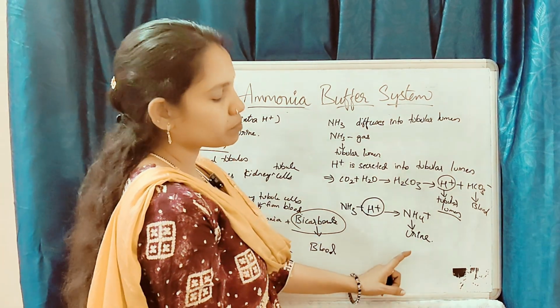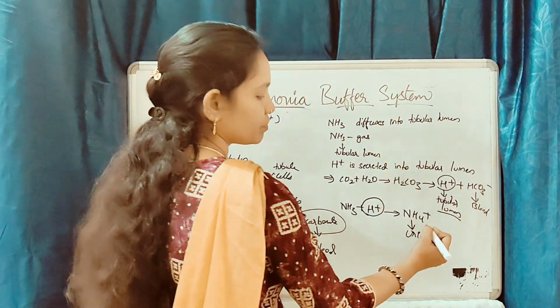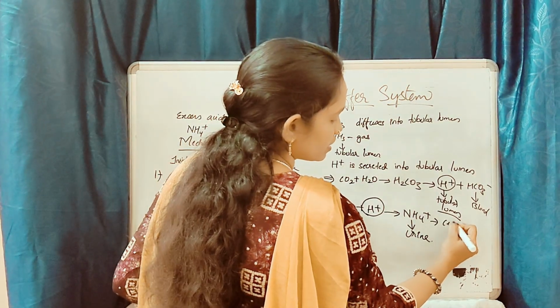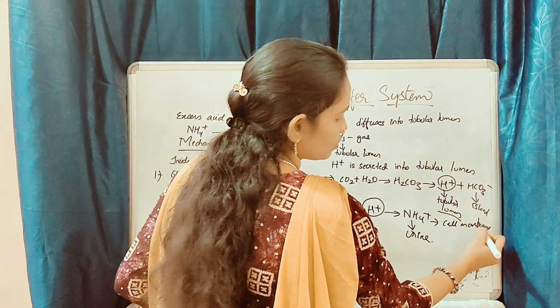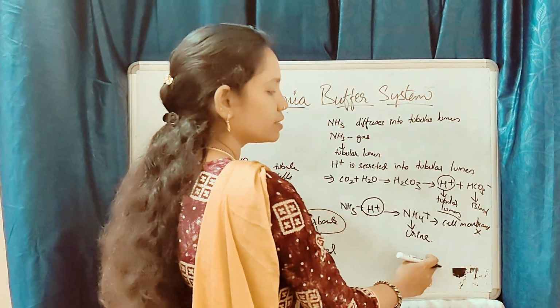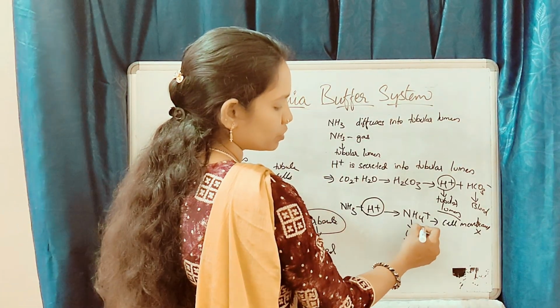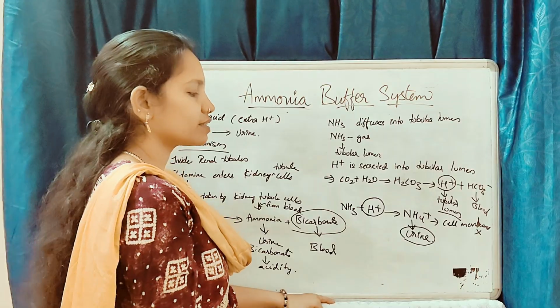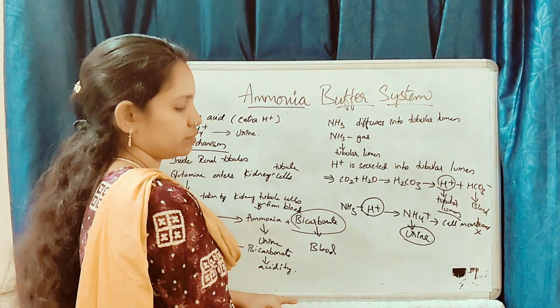So why is this ammonium ion excreted from the body through urine? Because it cannot cross cell membranes. As it cannot cross cell membranes, it will be trapped in the urine only. So from there it is excreted from the body through the urine.